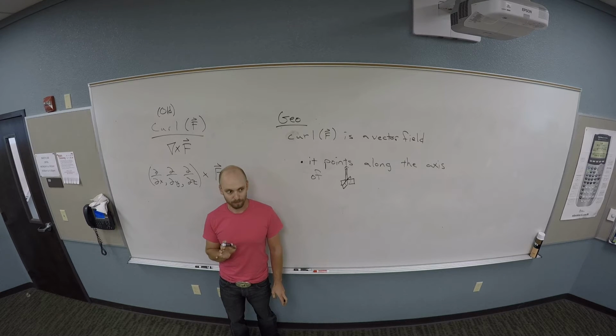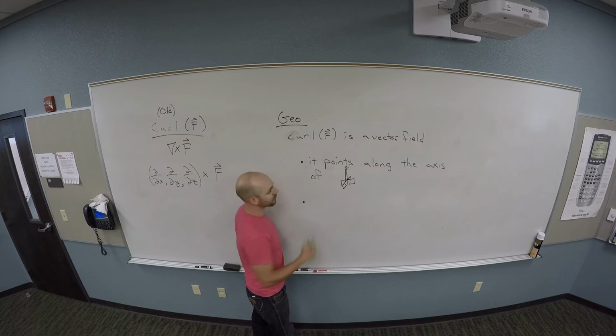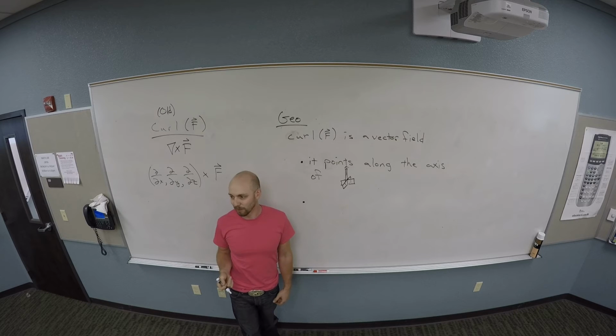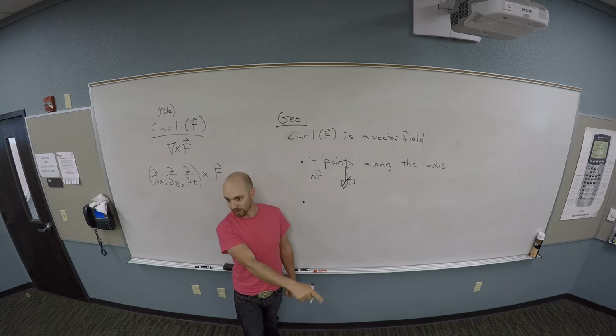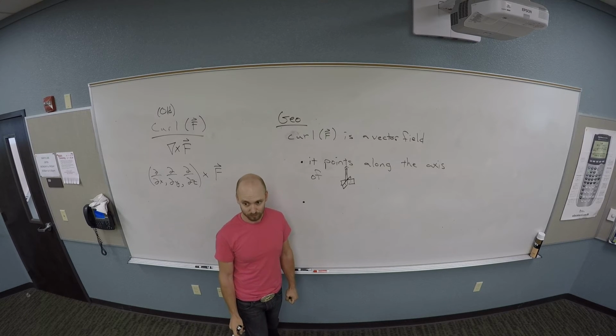Cool. Now what else should a vector have? It's going to have a direction, and it needs a magnitude, right? So how long is the vector going to be at that point? What's a good interpretation? The speed. Yeah, it should be the speed with which the little thing is going to spin. So almost a better way to look at it is a pinwheel, and the shaft on the pinwheel is the axis. Yeah, perfect. Pinwheel would be a very nice prop for this. Cool. So it's a pinwheel.